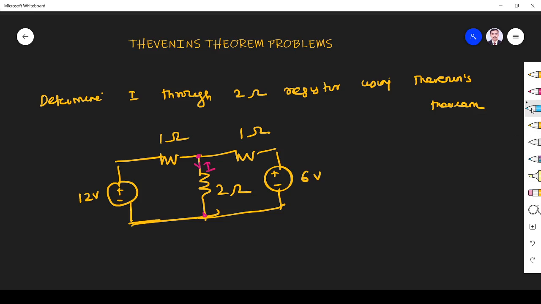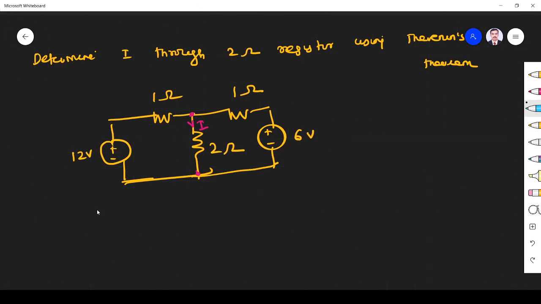Whenever we want to apply Thevenin's theorem, see what is the main advantage of Thevenin's theorem. It is used to find a current through a particular branch, and we can replace a big circuit with a simple voltage source, which is nothing but V Thevenin, and one equivalent resistance R Thevenin. This is our RL, right?